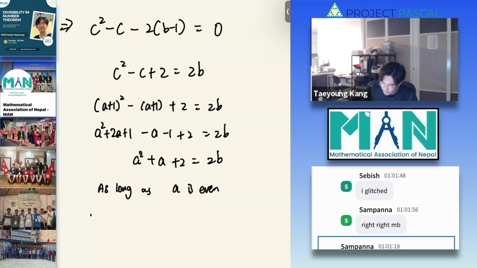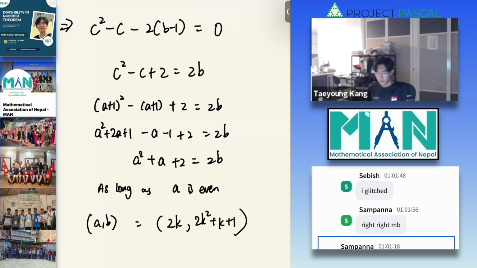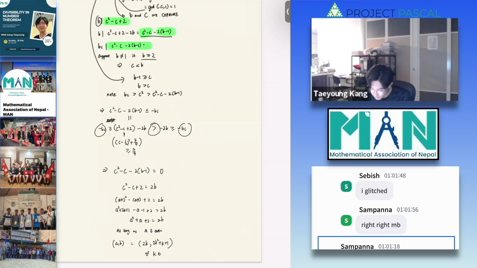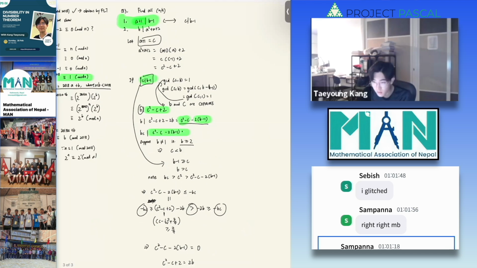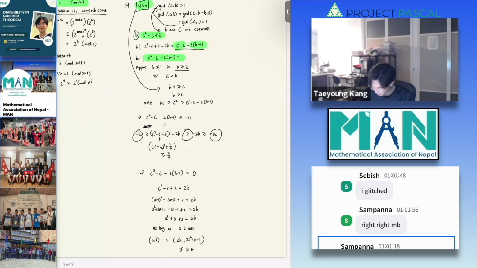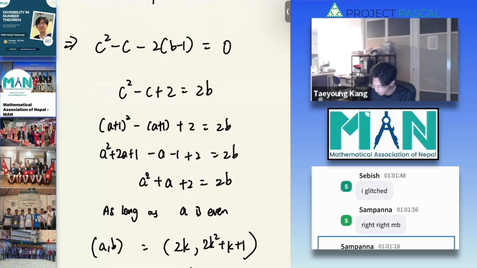So the solution set is a, b equals 2k, and then it will be 4k squared, so it will be 2k squared plus k plus 1, for all k that is a positive integer.